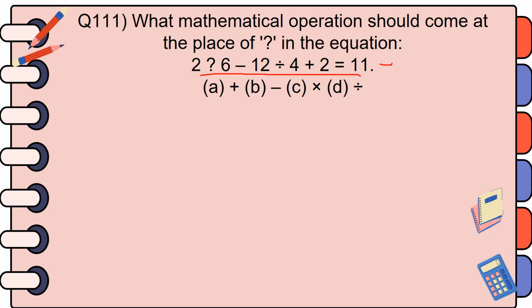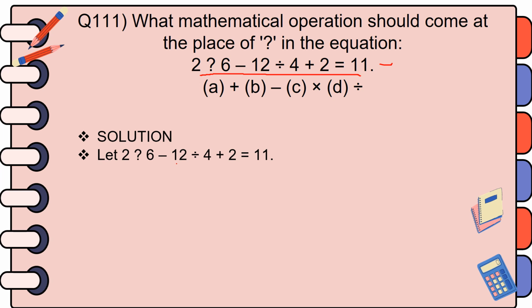Okay, we have the equation 2 question mark 6 minus 12 divided by 4 plus 2 is equal to 11. In the BODMAS rule, if there are addition, subtraction, multiplication, and division in a certain equation, then the first one to perform is the division.